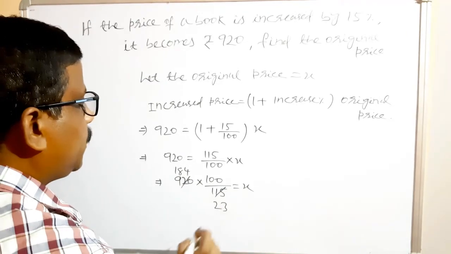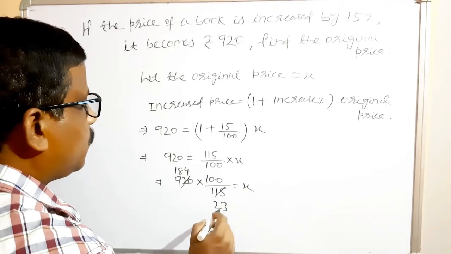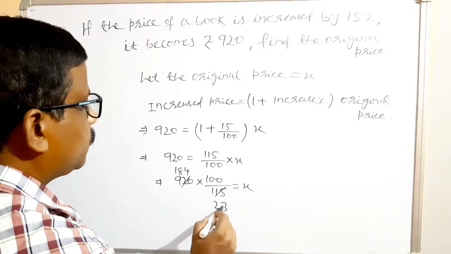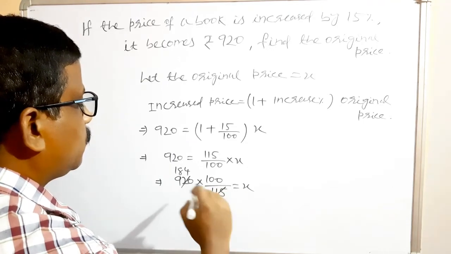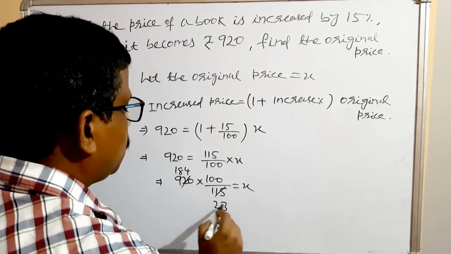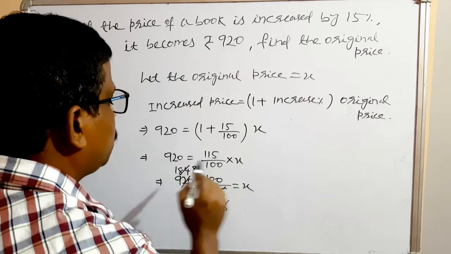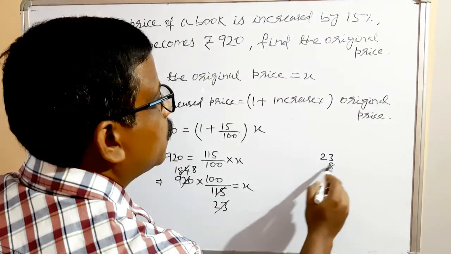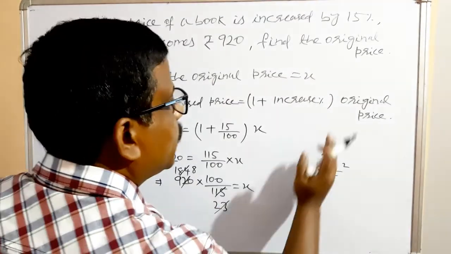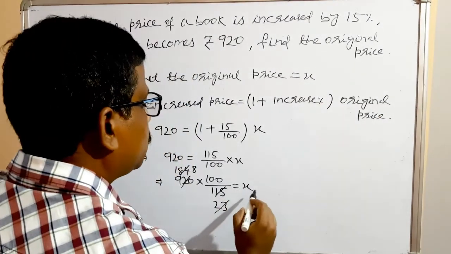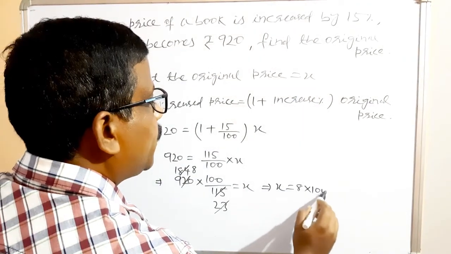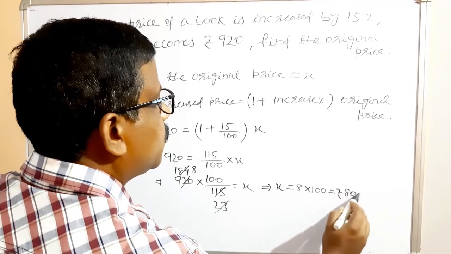Then it will be divisible by which number? 23. 23 into 8 is 184. So it will cancel. So it becomes x is equal to 8 into 100. It will be rupees 800.